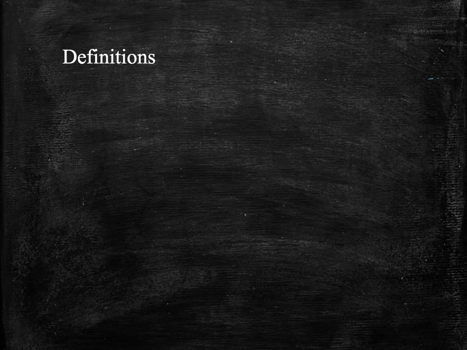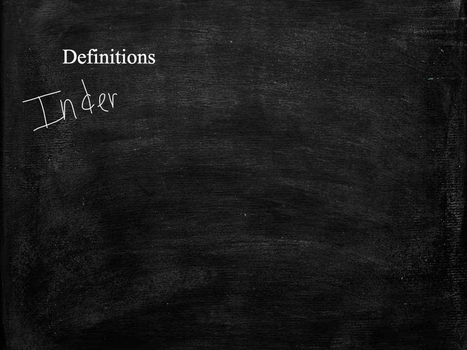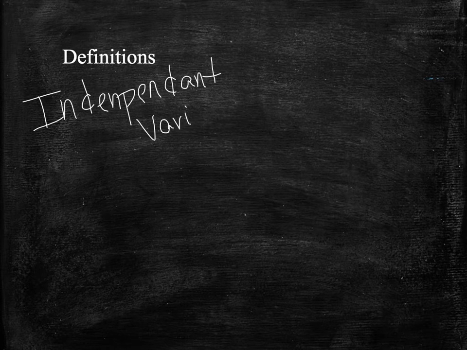A couple more definitions. The first one is independent variable. Independent variable is the variable whose value can be chosen. I can choose the independent variable's value. The other one is dependent variable.